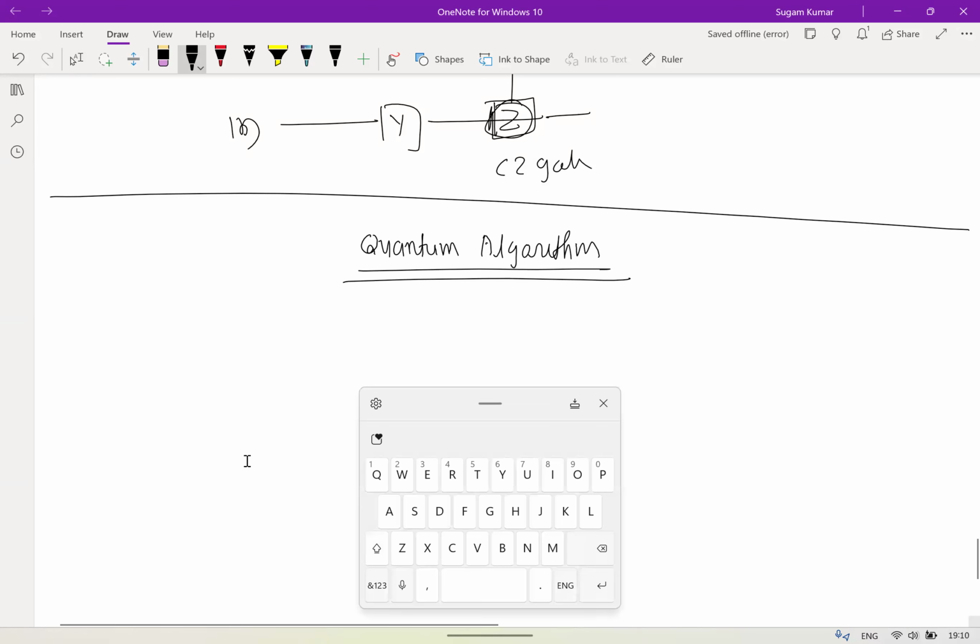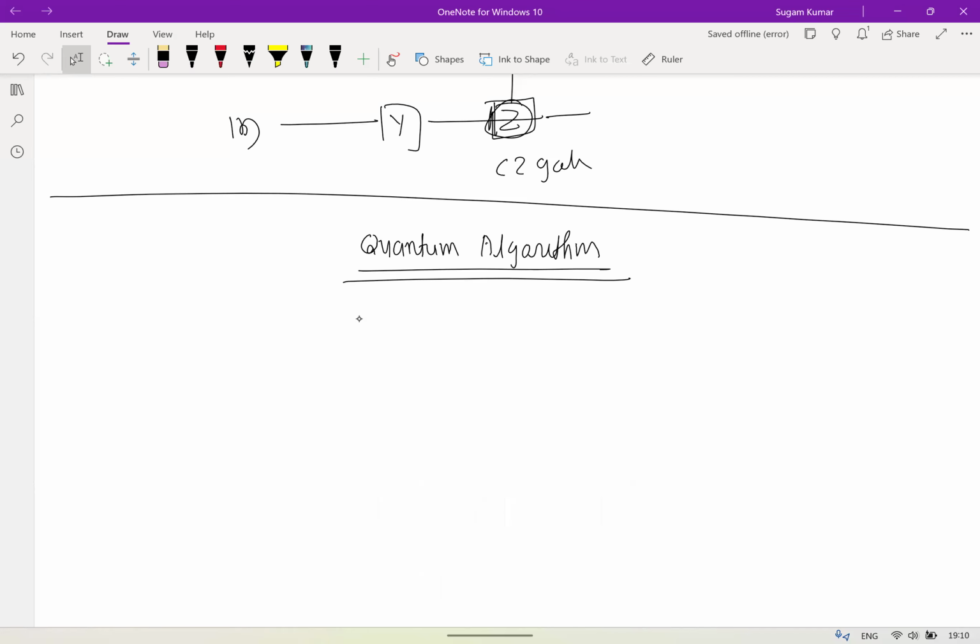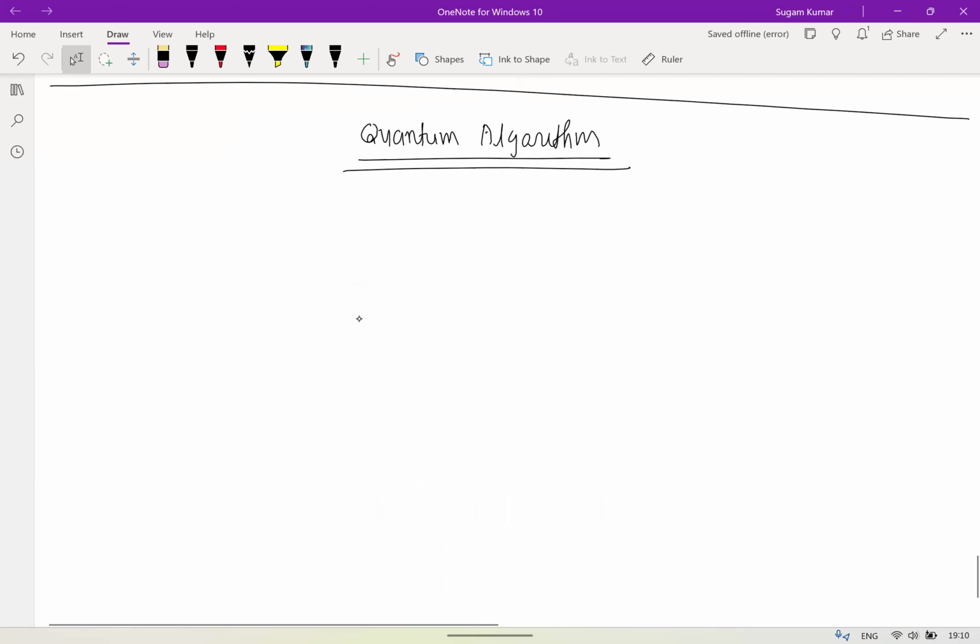So quantum algorithms, for example, there are many, okay, but I will focus on the first very basic and the first quantum algorithm, that is called Deutsch algorithm.